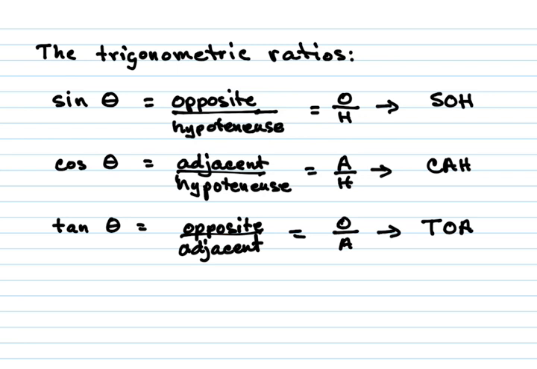So the easiest way to remember this is SOH, CAH, TOA. Lots of other mnemonic devices that you can use. There are a lot of sentences or little snappy sayings, but SOHCAHTOA is probably the easiest. If you've remembered it some other way, of course, that's perfectly fine.